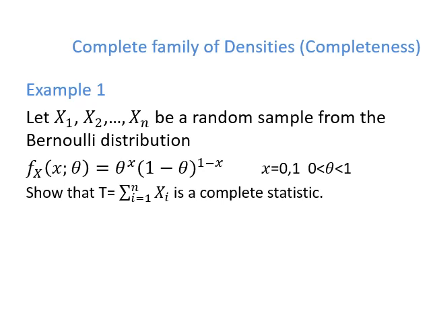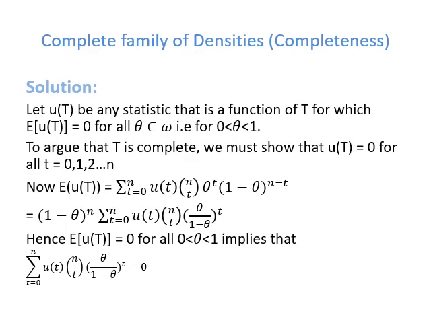For the first example, we have a random sample from the Bernoulli distribution, and of course you are now very familiar with its probability mass function, which is theta to the power x times 1 minus theta to the power 1 minus x. X takes only two values, 0 and 1, and theta takes values from 0 to 1. And we want to show that t equals summation xi is a complete statistic, or alternatively, that the family of densities of t is complete.